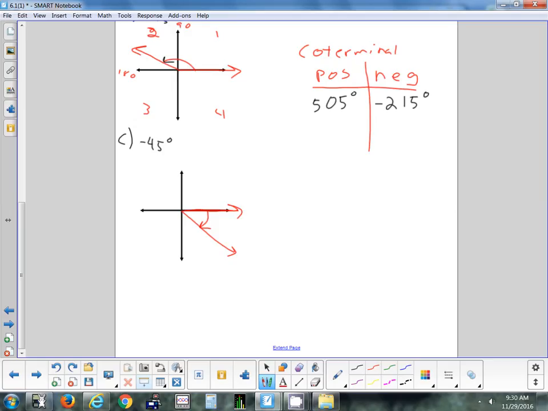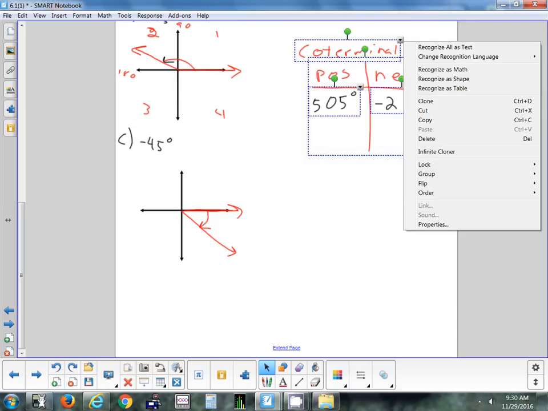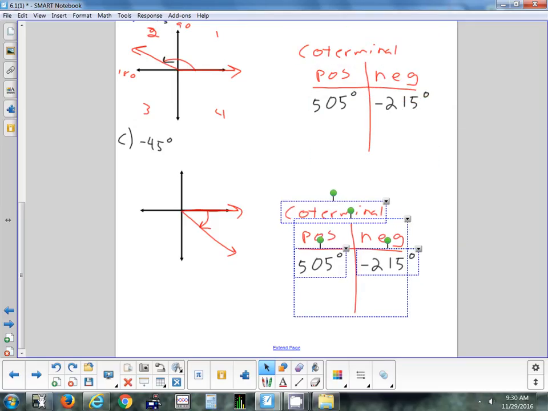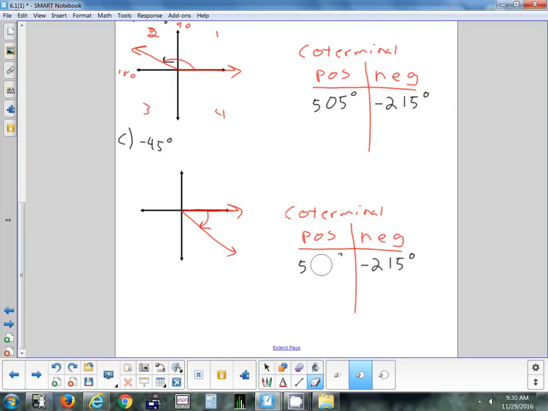All right. So now let's find an angle that's coterminal and positive and coterminal and negative. Okay, so how would I get a coterminal angle that's positive, Sam? How are we finding all our coterminal angles in general?